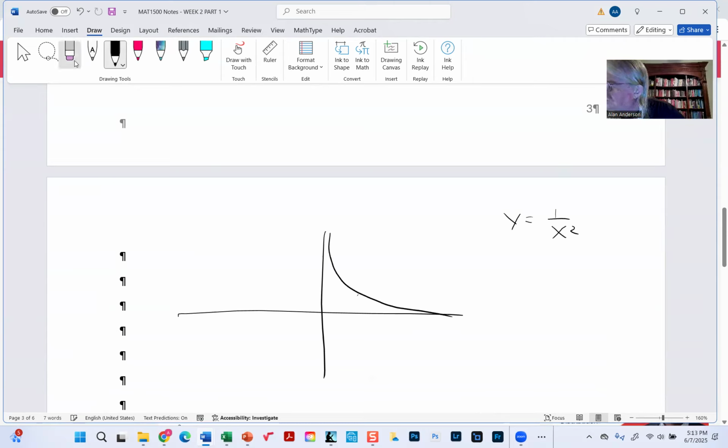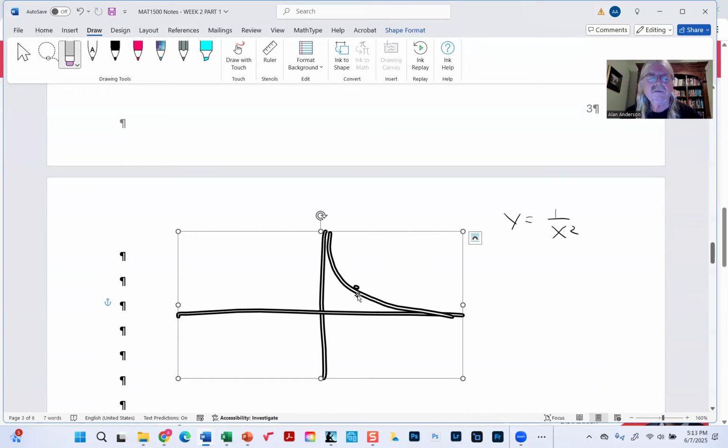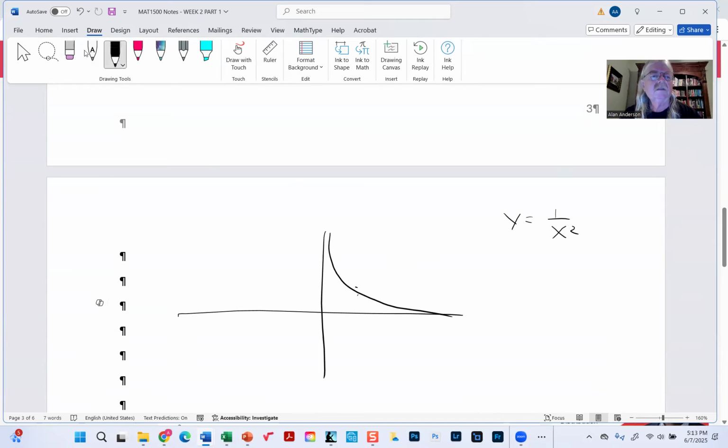That one actually looks a little bit different. Okay, well, that's not the best graph I've ever drawn in my life, but you get the idea.